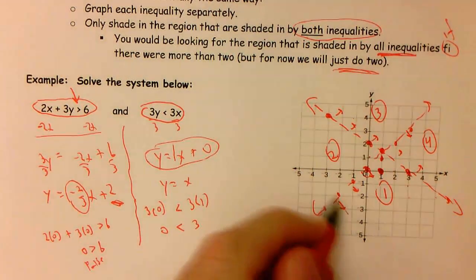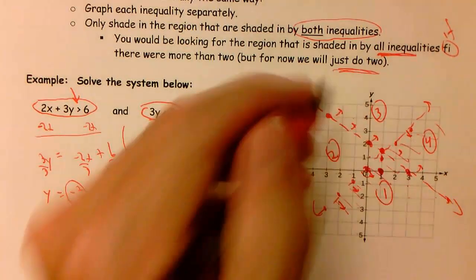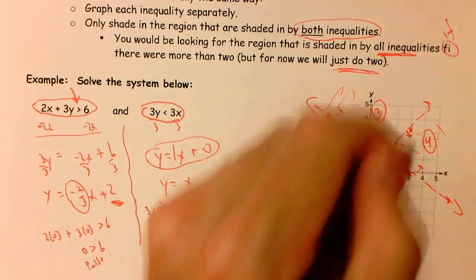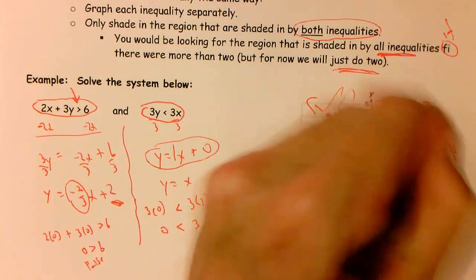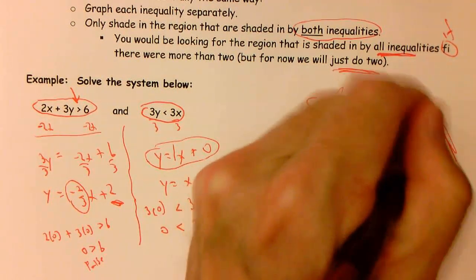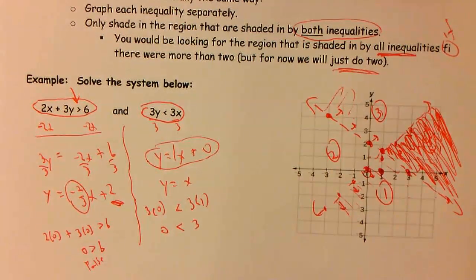So that would be below this line, but above this line, which gives you this slice of the pie right here. And this is the region of the graph that has the ordered pairs that are solutions to both inequalities. This is your solution region.